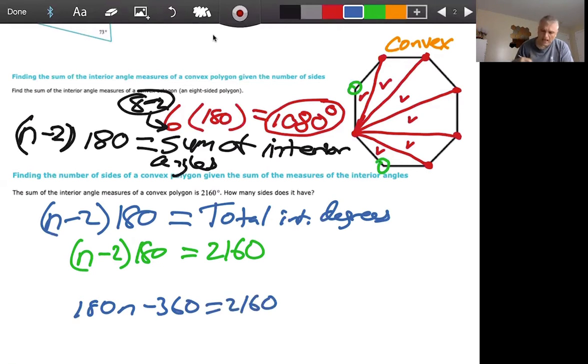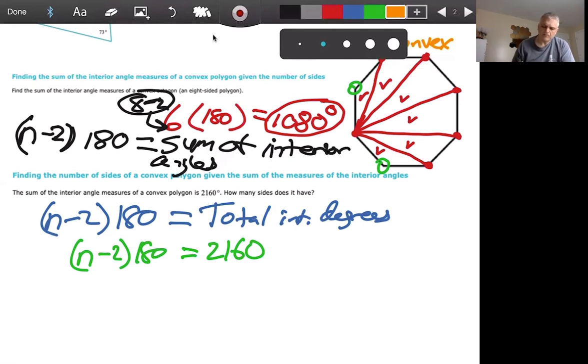Then you can add 360 and divide by 180. That's very sound. I have no problems with that whatsoever. But since this is honors geometry, I'm going to show you how I would do it, which I think is just a little bit quicker, maybe a little neater, a little less sloppy.